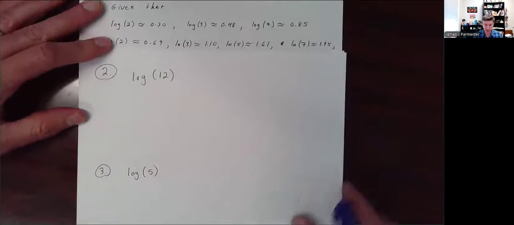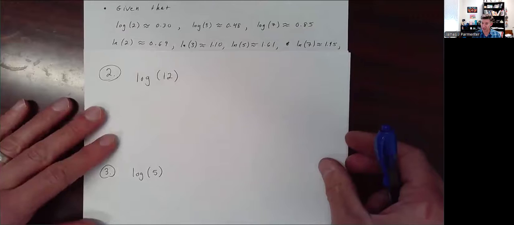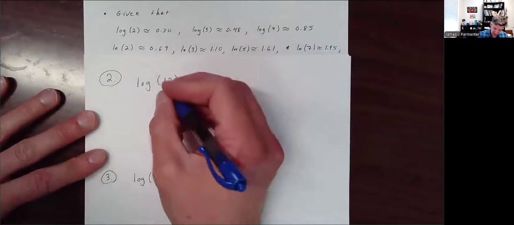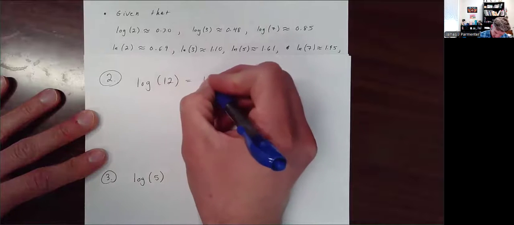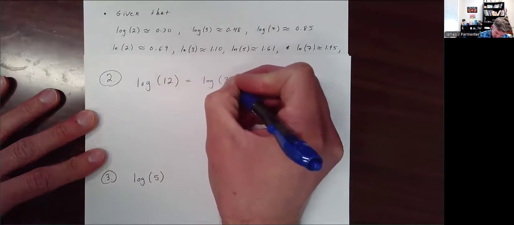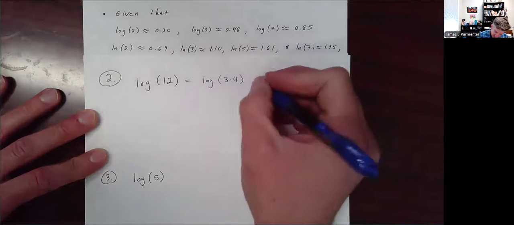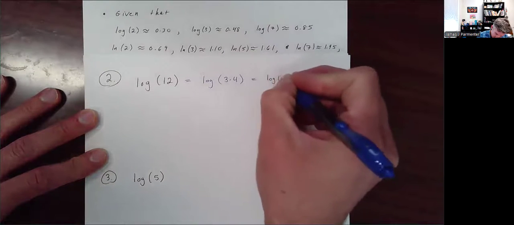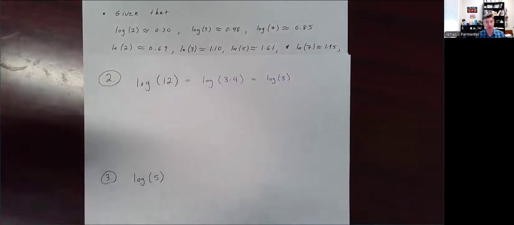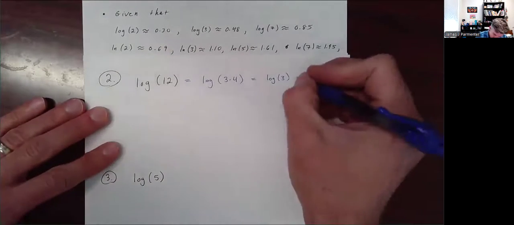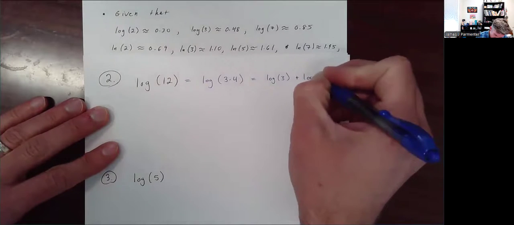So I want to find now the log of 12. So I'm going to just start breaking 12 up as the log of 3 times 4. And I can either write that as the log of 3 times log of 4, or I could have log of 3 plus log of 4. Let me back that up. Log of 3 times 4 is the log of 3 plus the log of 4.